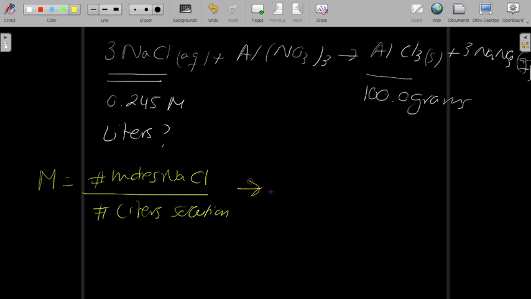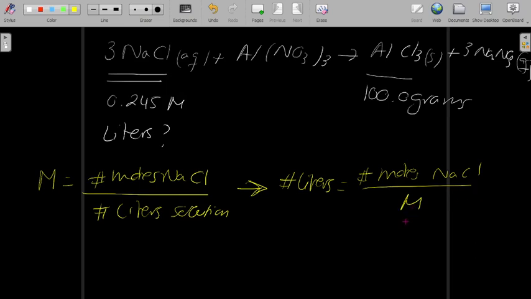So if you modify the formula to find the number of liters, that goes on the other side multiplying. Now this goes to the right side dividing to get rid of it. That's algebra. So you're going to have the number of moles of that chloride divided by the molarity.